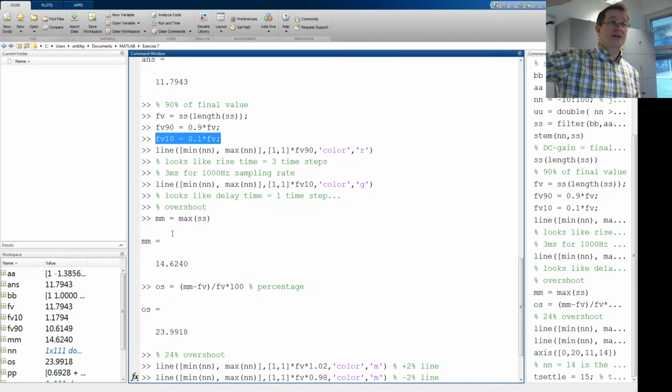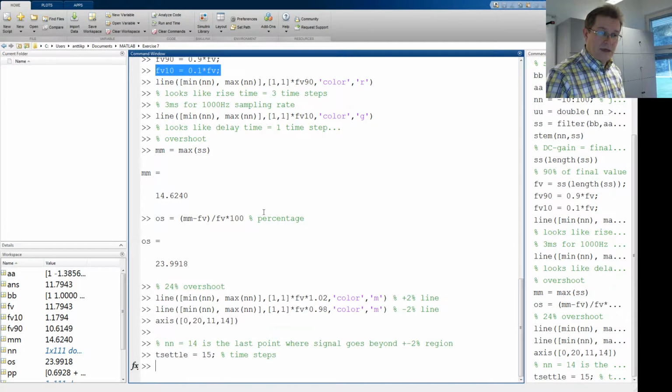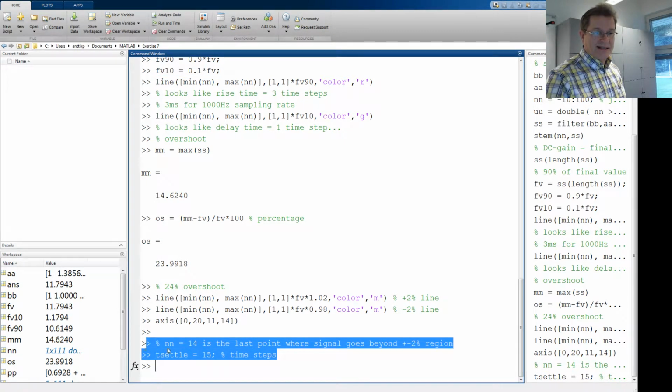And for the percentage, the reference level is the DC gain. DC gain was just that final value. And then for the settling time for 2%, you just look between the lines.